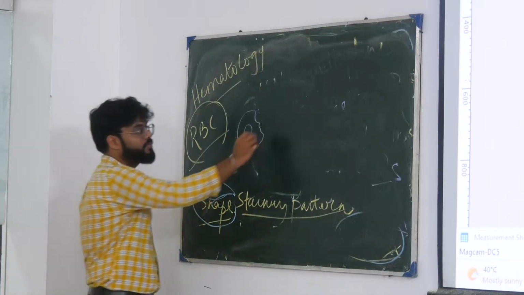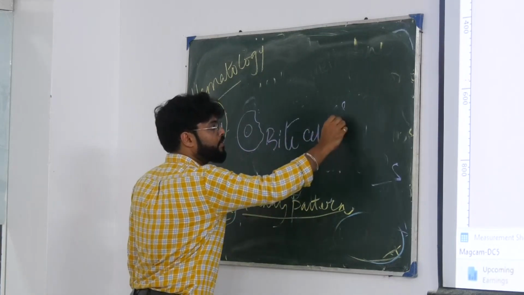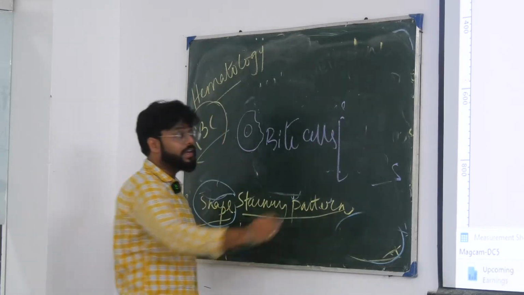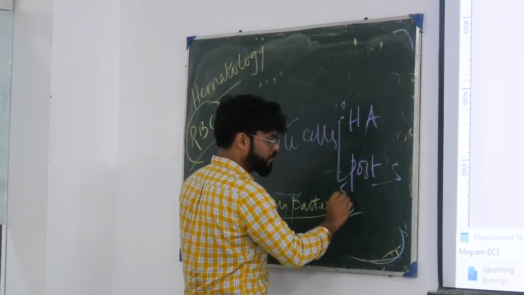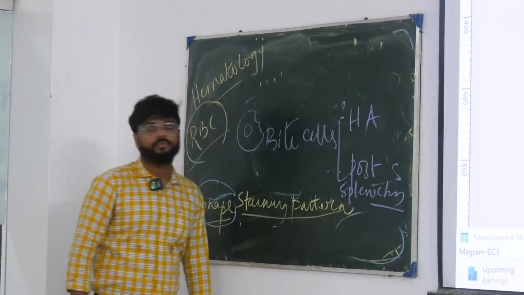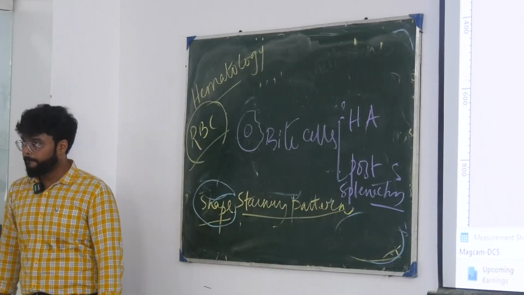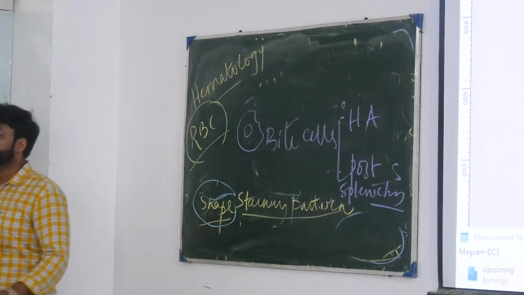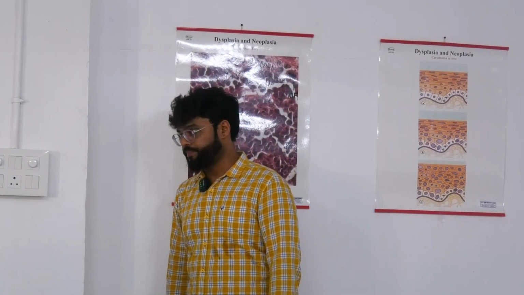These bite cells are found in different types of hemolytic anemia and post-splenectomy. So there are so many variations in shape of RBC. This is known as poikilocytosis.